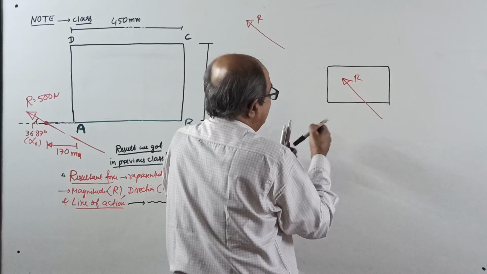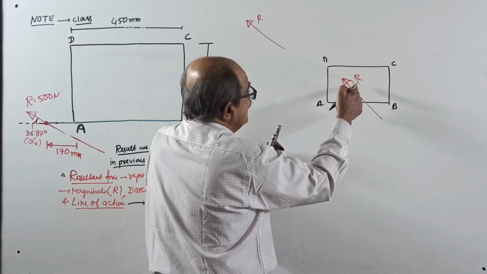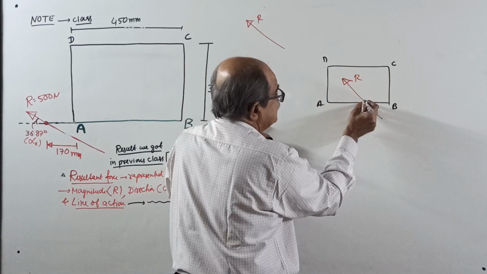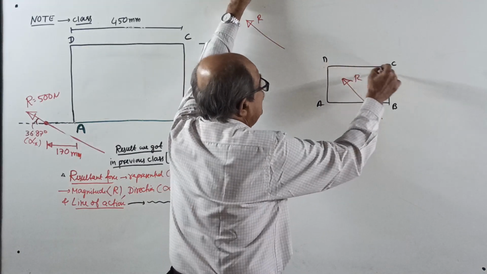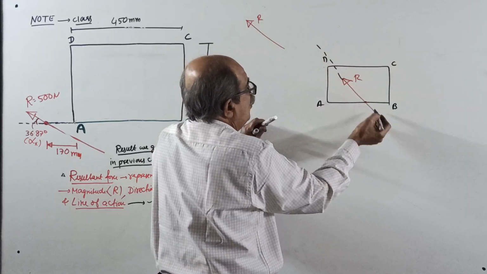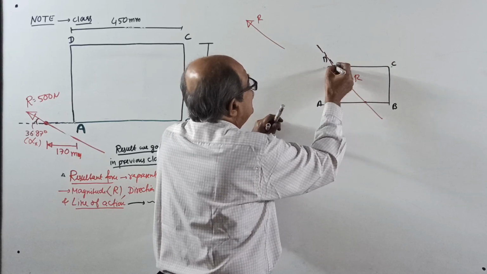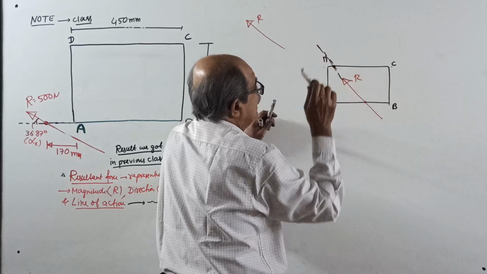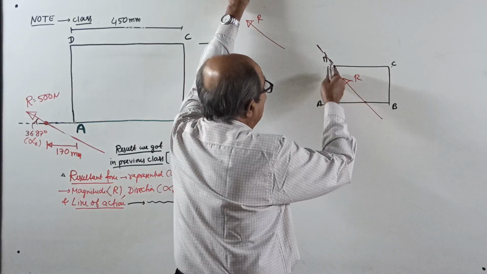Now I will mark ABCD here. Imagine the resultant cuts the AB line here, some other case, not the previous question. Point defined. Will it cut this line? Yes, extend this line of action. The resultant will cut the DC line somewhere here, at some distance from D and some distance from C. Some will say, sir, it is not cutting the vertical line.